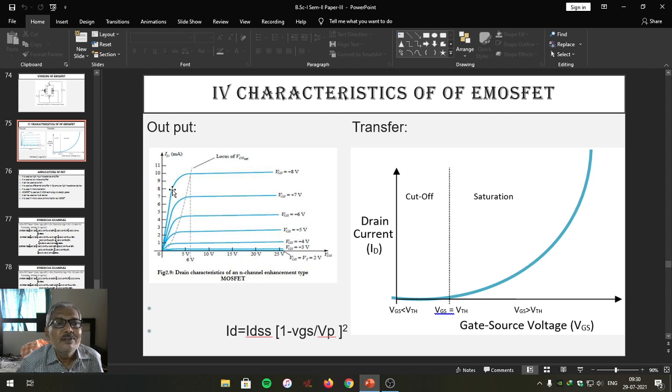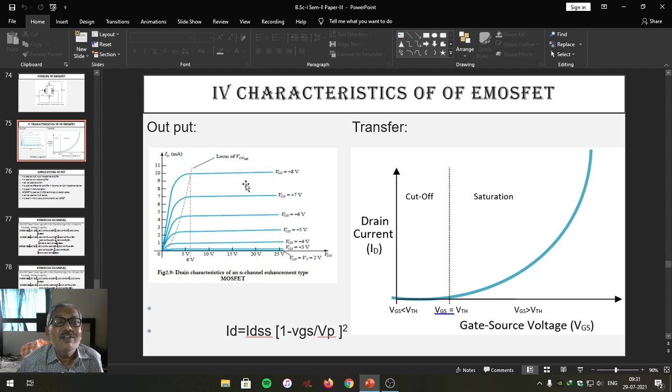After that, a slight increase in VDS increases ID in a large manner. That obeys the inverse square law. So that's why that region we can call it the inverse square region. After that, even though VDS is increased, ID almost remains constant and FET goes to saturation.